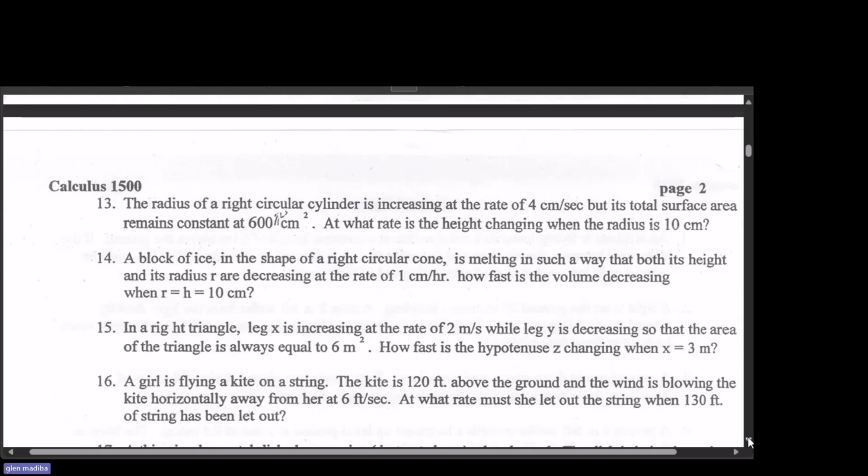This kite is blown away from the girl by the wind horizontally away from her at 6 feet per second. What is this?